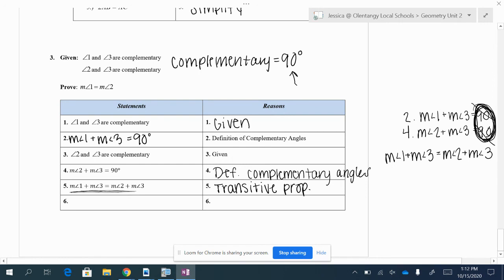And then the last line in my proof always has to be what I am trying to prove. So I know it has to be measure of angle 1 is equal to measure of angle 2. And then how do I get there? Okay, so I know that measure of angle 1 needs to stay here. And I know that measure of angle 2 needs to stay over here. I'm sorry, it's supposed to be 2.